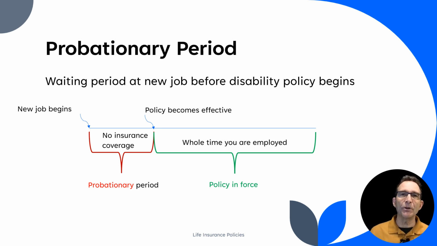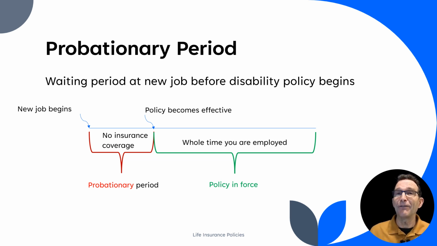Now, after the probationary period ends, then we say your policy becomes effective and that waiting period is over. Now your policy is in effect, it's in force. And that's going to be staying in force for the whole time that you're employed. So the difference here with this waiting period is it relates to you being on probation.